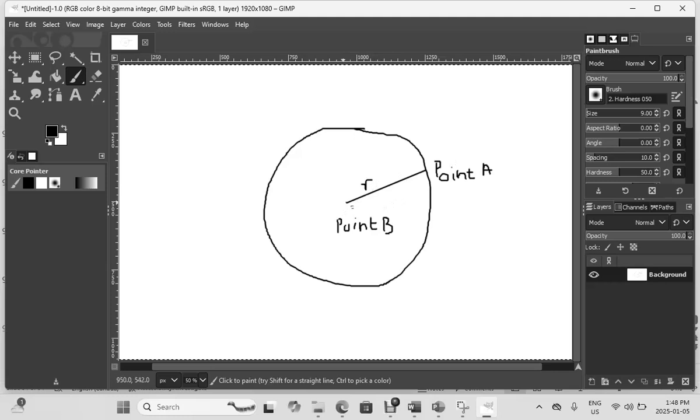Now, if the line goes straight through the circle, through the center point of the circle, let's say you draw a straight line over here, something like that. Let's say this is point C over here.